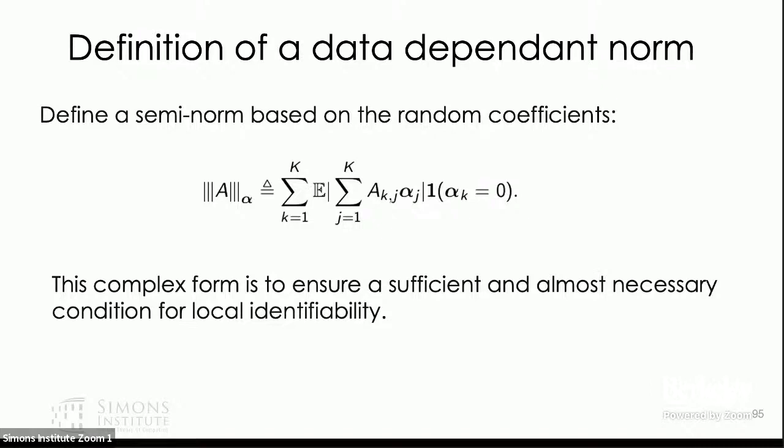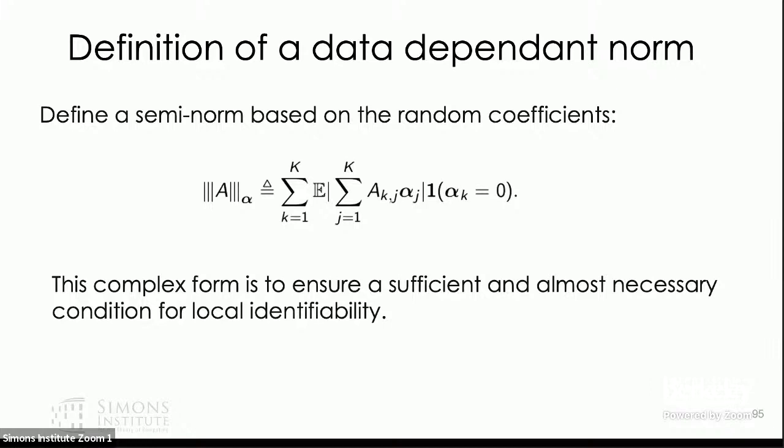So to really write out our identifiability conditions, we define a semi-norm based on the random coefficients. For any matrix A, the semi-norm is defined through this formula.